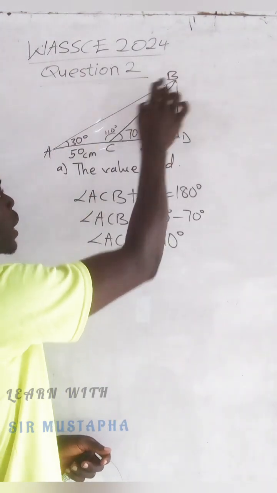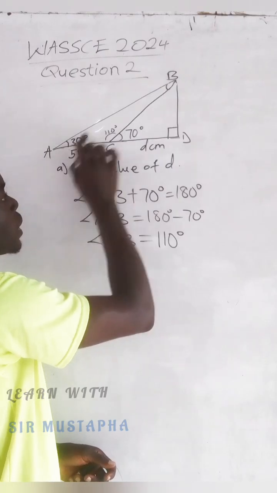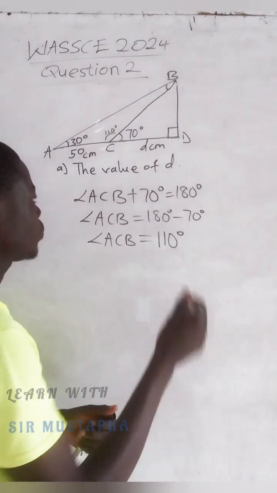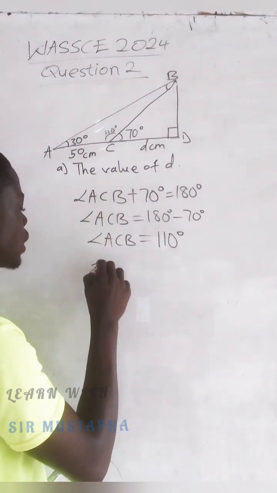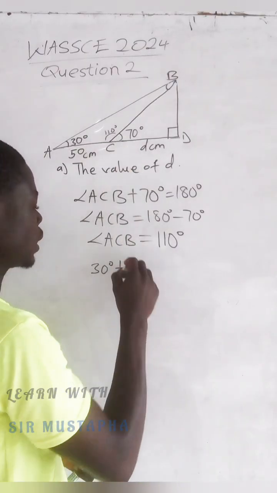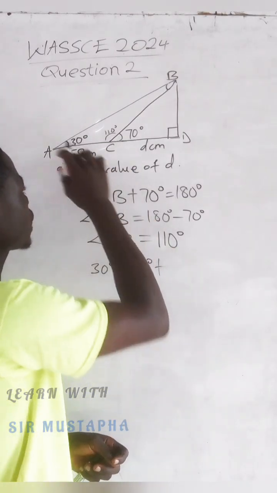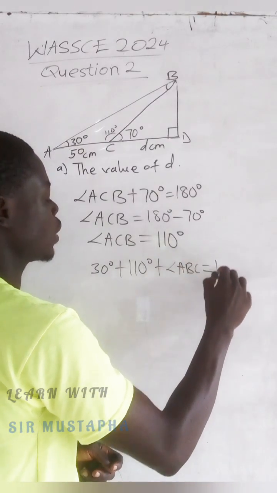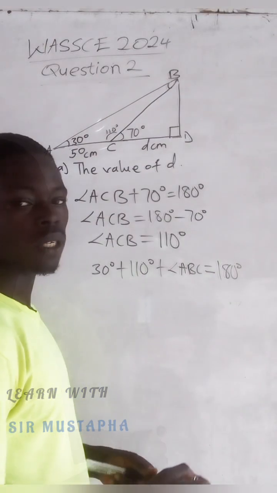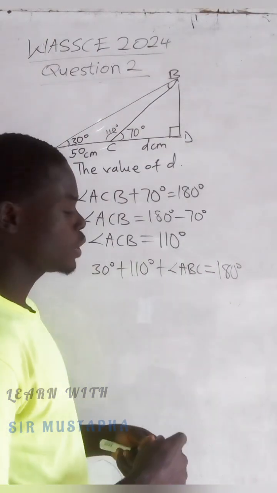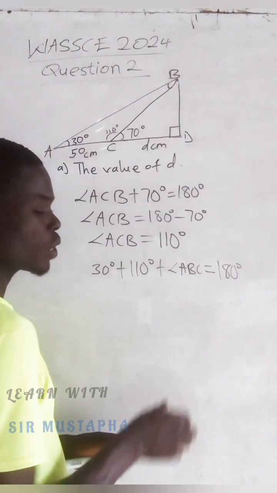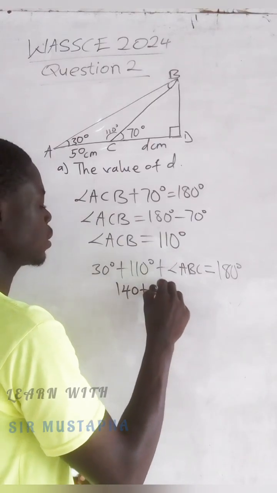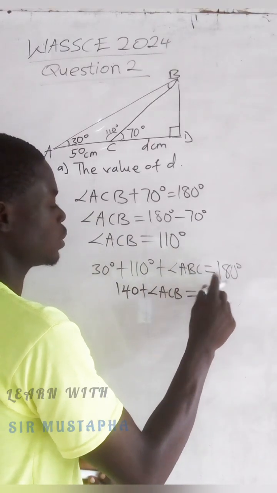So angle BAC, that is 30, plus 110, plus angle ABC will give us 180 degrees. 30 plus 110 is 140, plus angle ABC is equal to 180.